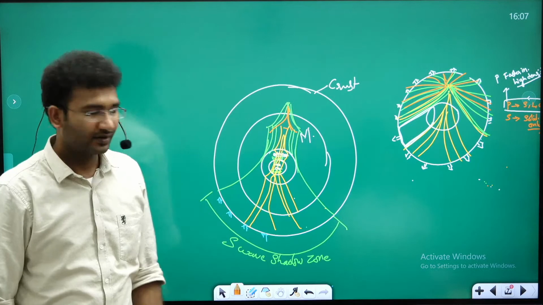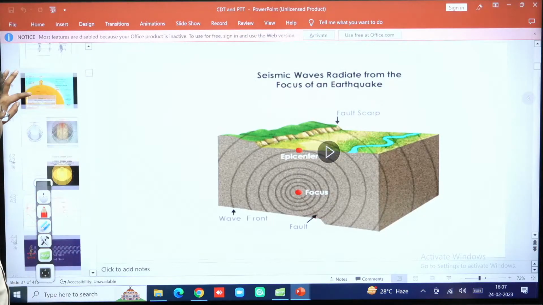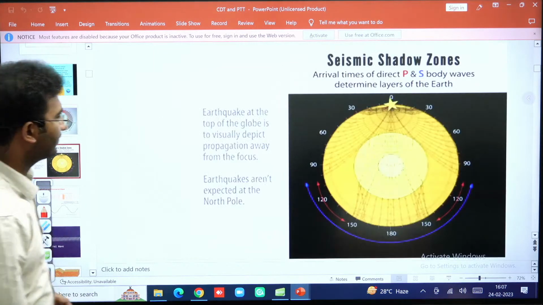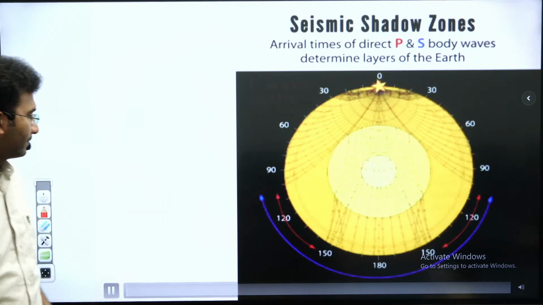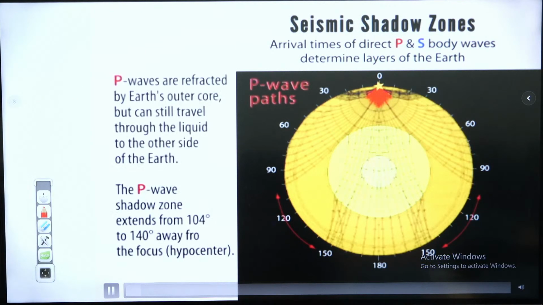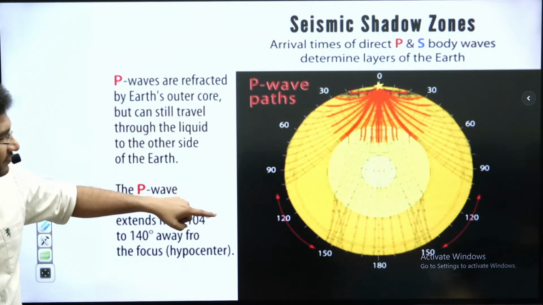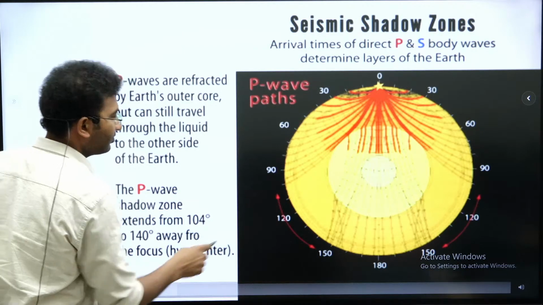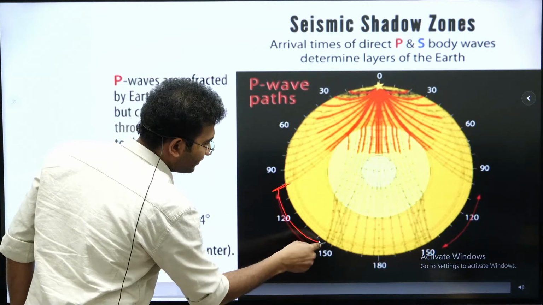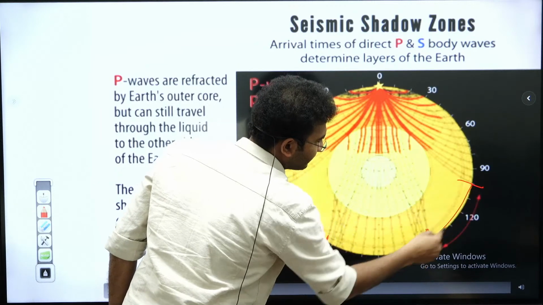Right? Let me show you a small image which will help us understand in a better way. Look, this is the path of the P waves. If you see, P waves are absent in this area, and absent here.